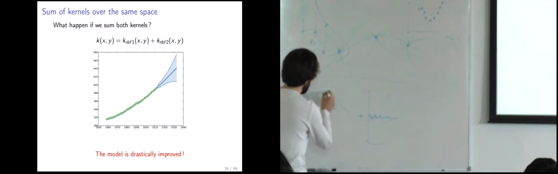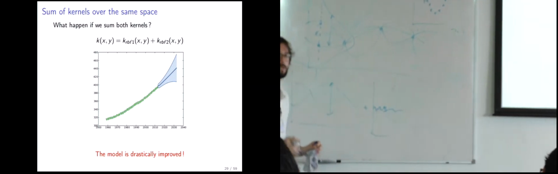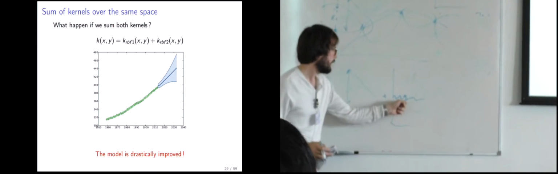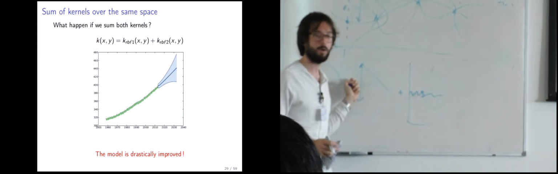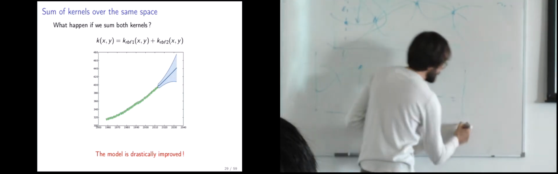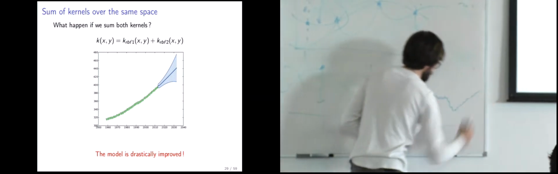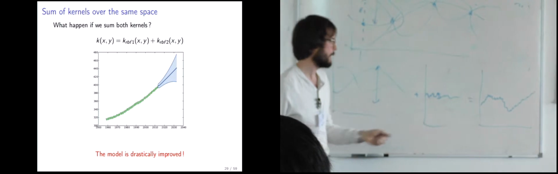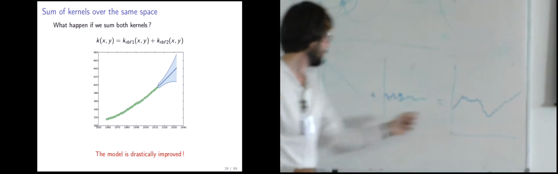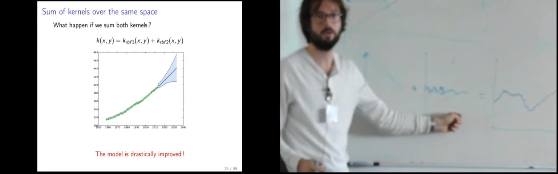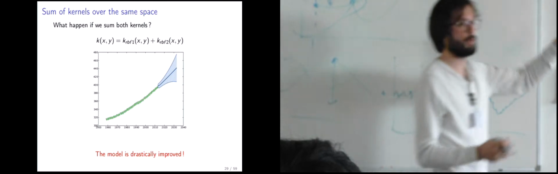We also have a large variance over here and a small variance over here, because the high frequency variations have a smaller amplitude than the low frequency variations. So if we sum these two GPs, we will end up with something that looks more or less like that, and this is a prior that is much, much better than either this one or this one. All right, so just by summing kernels, we end up with a model that makes much, much more sense.